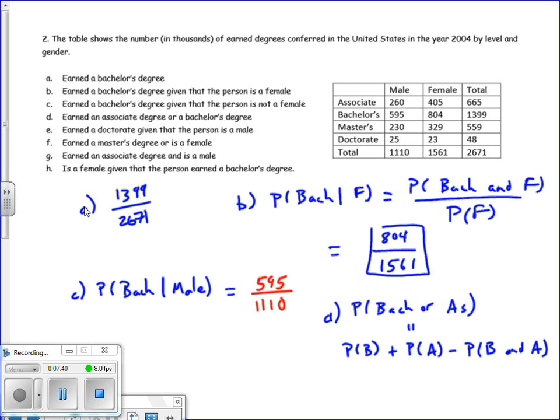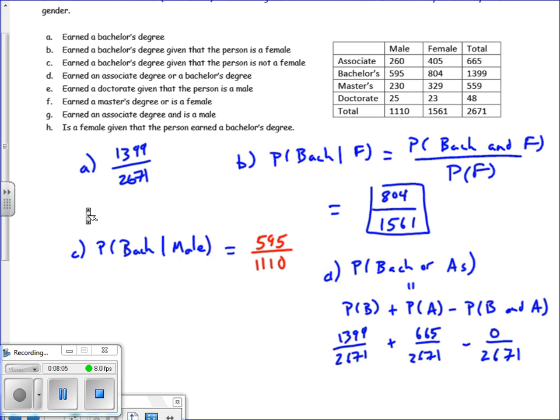So in terms of the numbers, the probability that we get bachelors, that's 1399 out of the 2761. The probability someone gets an associate's is 665 over 2761, and there is no overlap here, so it's not really going to affect what we're doing.